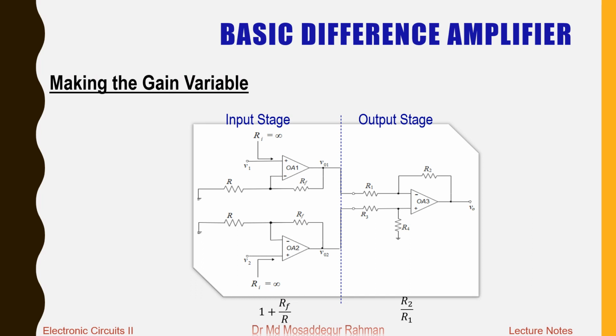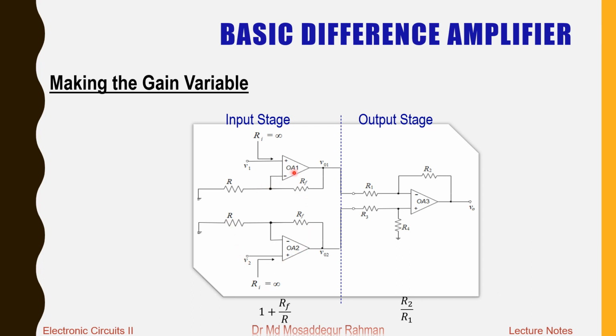This is our modified difference amplifier circuit that we developed in the part 1 and part 2 lectures of lecture 6. In this circuit, we have two stages: one is the input stage and the other is the output stage. The output stage is our usual difference amplifier with gain R2 by R1, and in the input stage we have two non-inverting amplifiers.